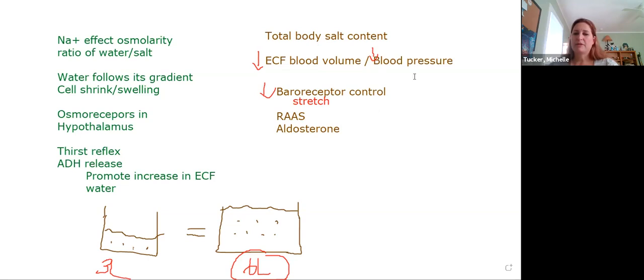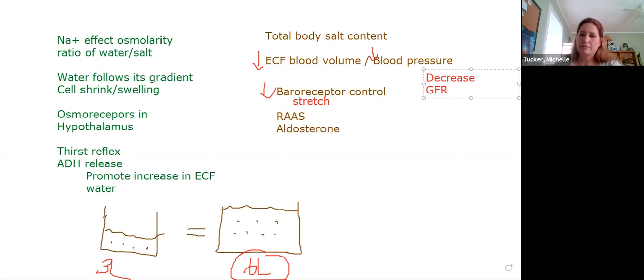If the blood pressure is low, we have a decrease in glomerular filtration rate. And that is because hydrostatic pressure drives the amount of filtrate that is produced. You decrease blood pressure, you decrease hydrostatic pressure, you decrease glomerular filtration rate.